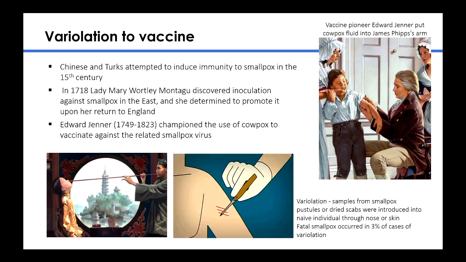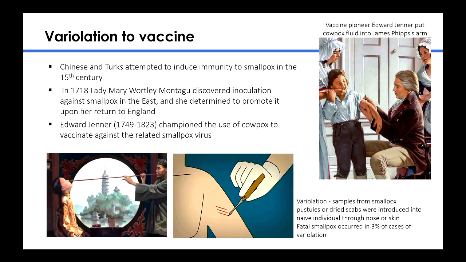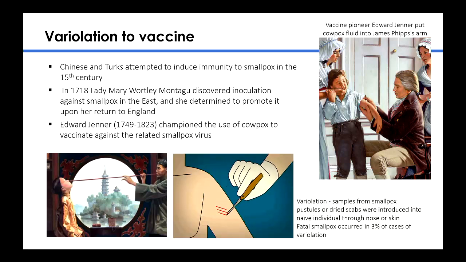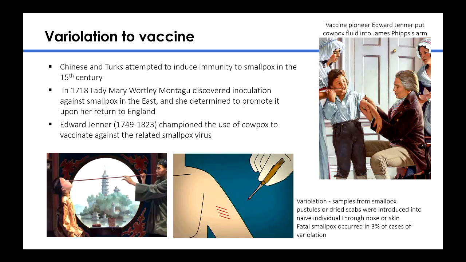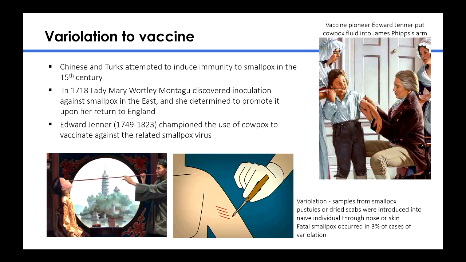So the lesion that it extracted was from Sarah Nelmes's hand, and then, as you know or remember, he inoculated James Phipps once and then challenged him with smallpox 3 times, and he's never developed the disease. So that's again the origin of vaccination itself, because before was variolation, and the name vaccine comes from vacca, which is Latin for cow, because that's where the first vaccine came from.